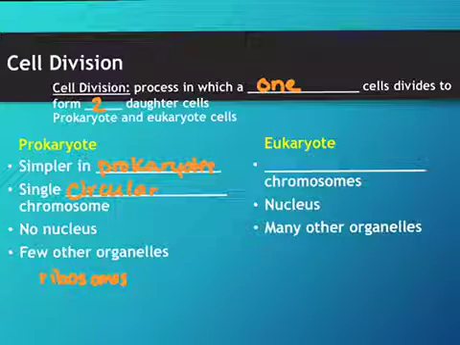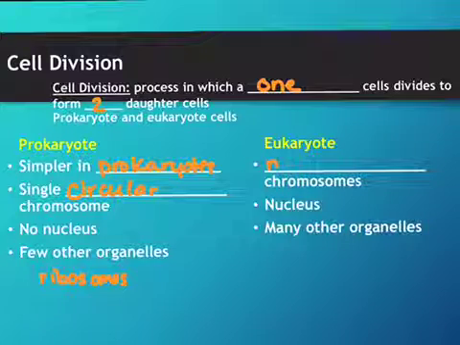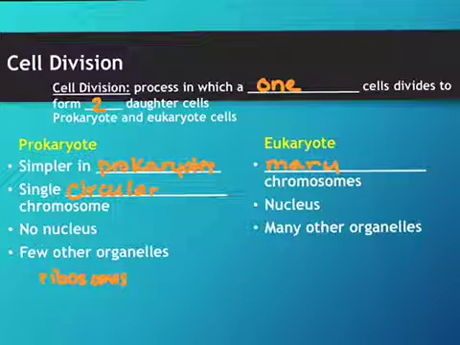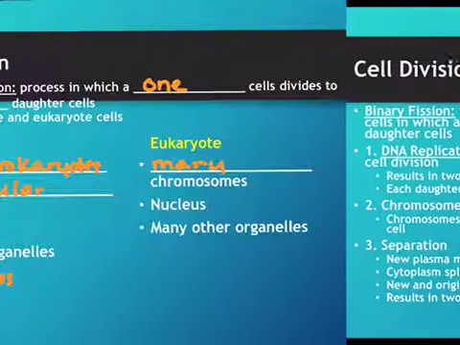Whereas eukaryotes have many chromosomes. They also have a nucleus that needs to divide, and they have a bunch of other organelles like the mitochondria. They have ribosomes, they have Golgi apparatus. So there's a bunch of other organelles that have to duplicate and also divide.